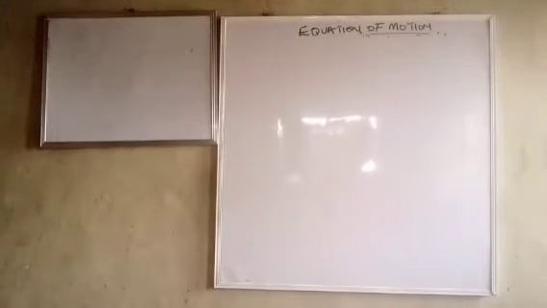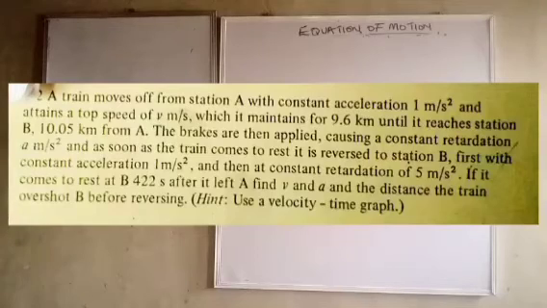A train moves up from station A with constant acceleration 1 meter per second squared and attains a top speed of V meters per second, which it maintains for 9.6 kilometers until it reaches station B, 10.05 kilometers from A. The brakes are then applied, causing a constant retardation of a meters per second squared, and as soon as the train comes to rest, it is reversed to station B, first with constant acceleration 1 meter per second squared, and then a constant retardation of 5 meters per second squared.